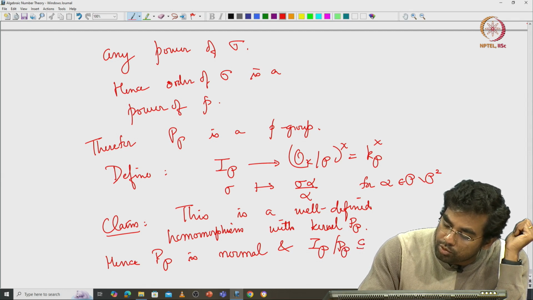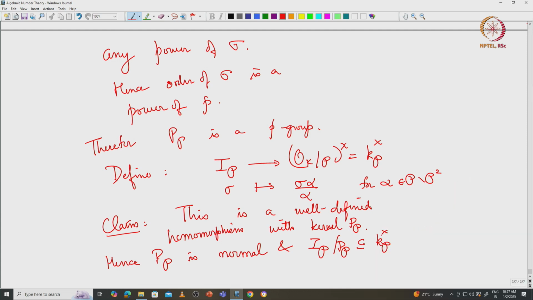This is a subgroup of k p cross, and what is the order of k p cross? This is by definition norm of p minus 1, right.